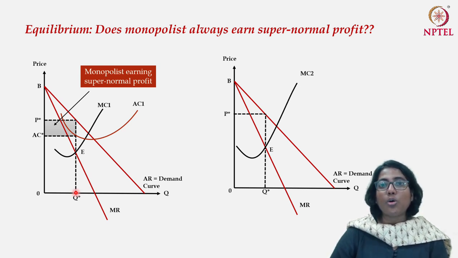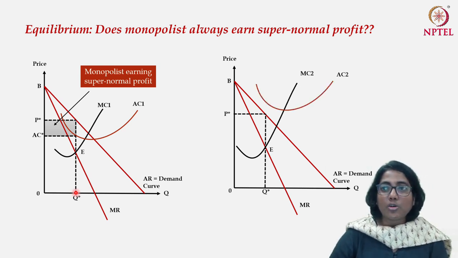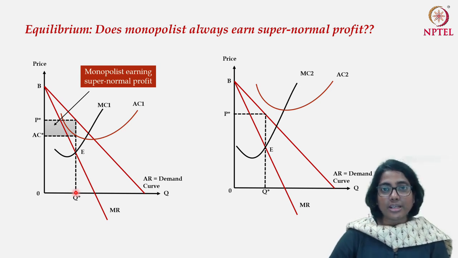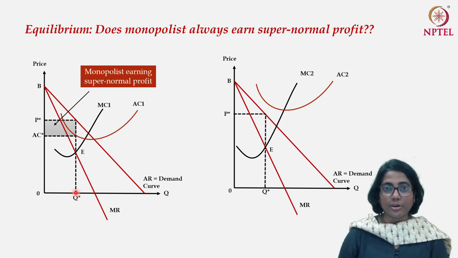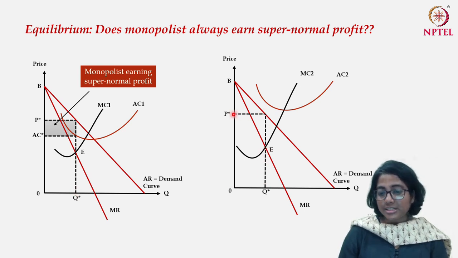However, that may not always be the case. There can be a situation where the average cost is so high that the monopolist, even after charging higher than the marginal revenue, will be unable to recover the cost of production. You take this case. Here the monopolist is doing the same, producing at Q star, charging a price P star.